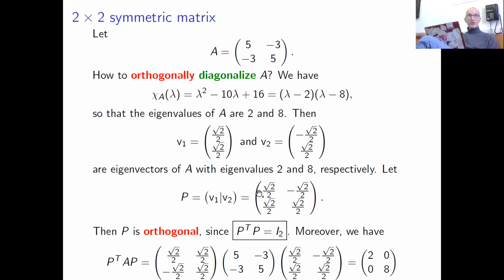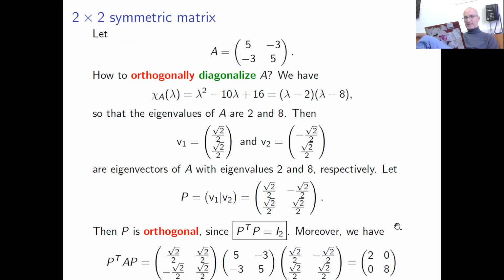Because these columns are orthonormal, the matrix is orthogonal. And if you wish, you can check that the product P transpose AP, which is the same as P inverse times A times P, is diagonal with diagonal entries 2 and 8. But this follows from the proof of our theorem and from the diagonalization process.